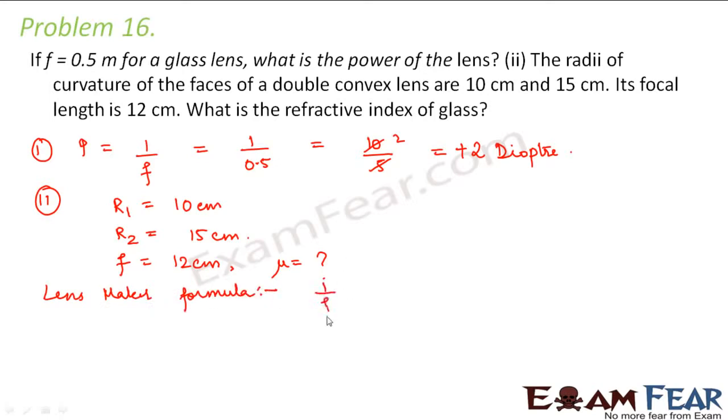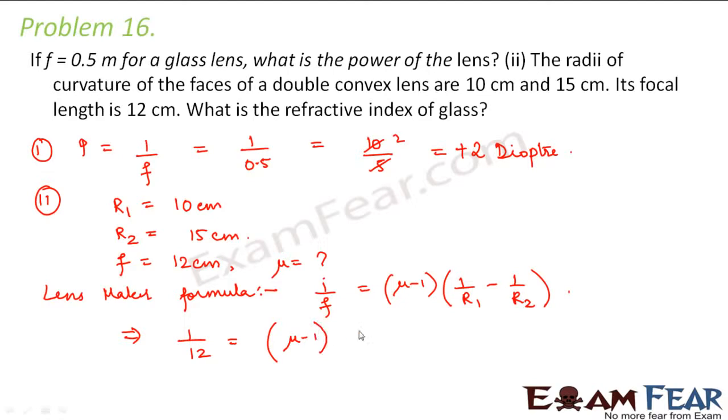The lens maker formula gives 1 by f is equal to mu minus 1 into 1 by R1 minus 1 by R2. Now in this case, R1 is positive, so R2 has to be negative because it is a convex lens.